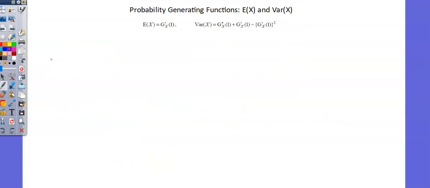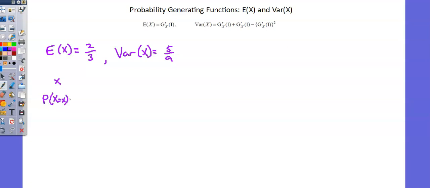So if I know that expectation of x is 2 over 3, and variance of x is 5 over 9, and I'm given an incomplete probability distribution for 0, 1, and 2, with probabilities of A, B, and C, I can use the expectation and variance to find these probabilities.